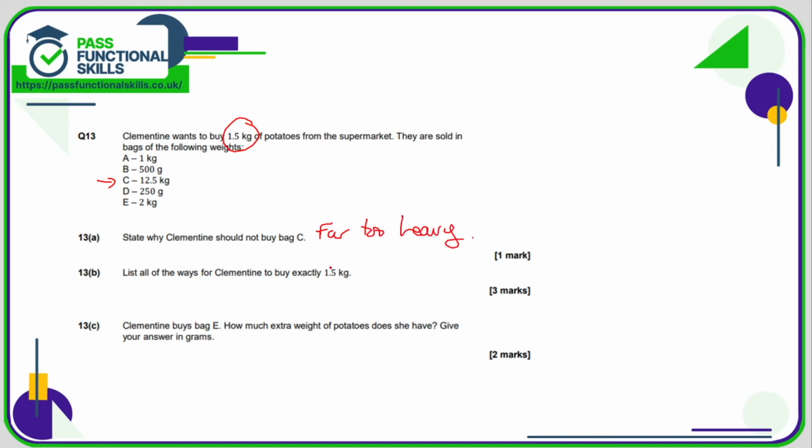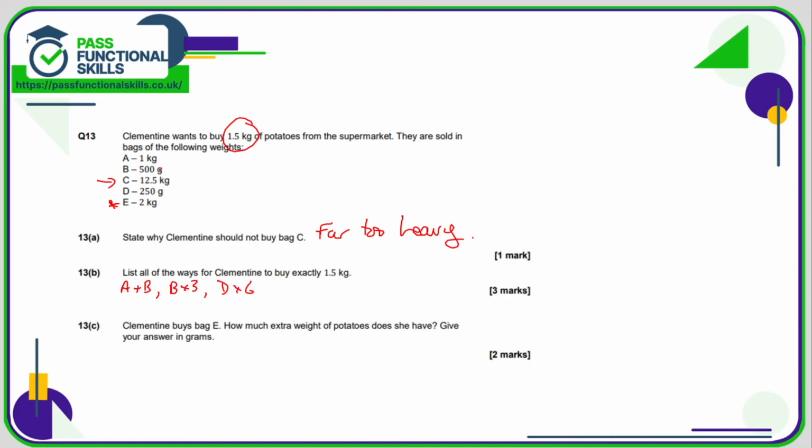Okay, all the ways she can buy exactly 1.5 kilos. So, well, E won't factor into it at all. So she can have bag A plus 1A plus 1B. And it's quite a tricky question because there's quite a few options here. She could buy B 3 times. She could buy D 6 times.